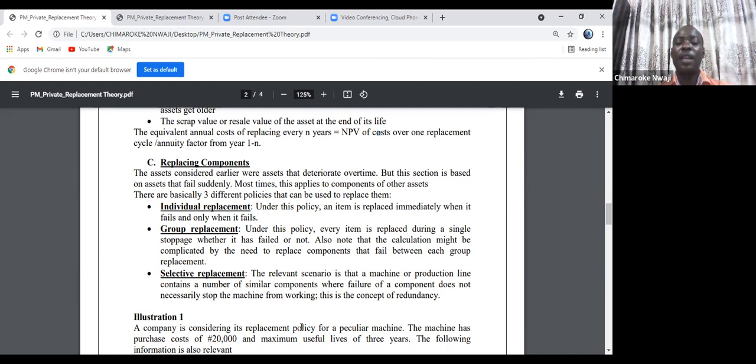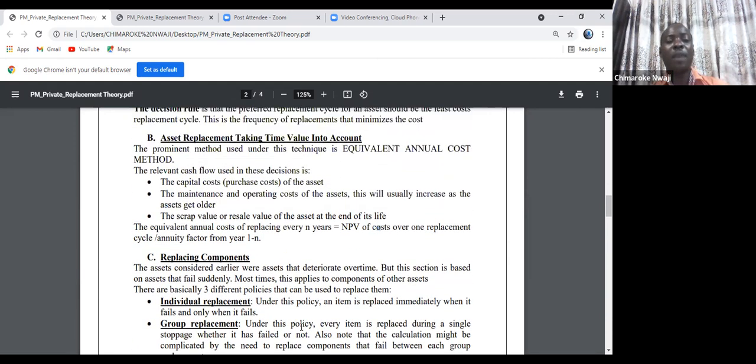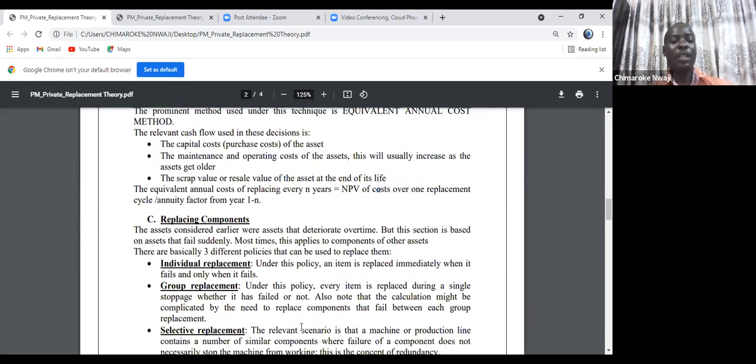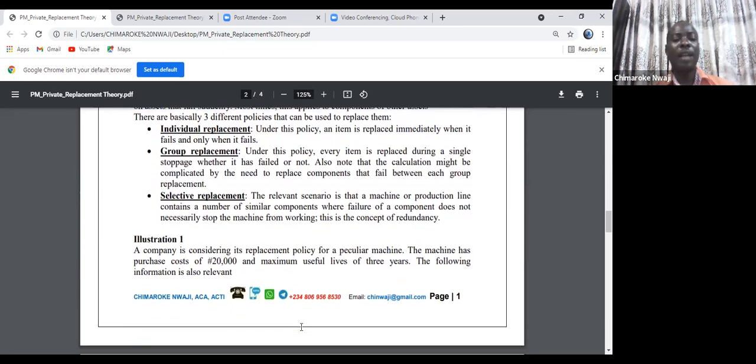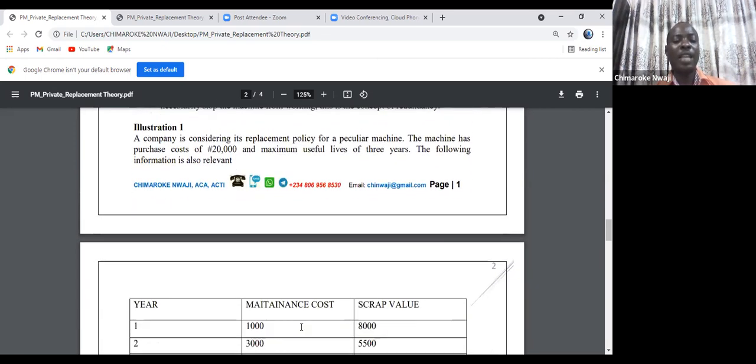Now, like I said, we are going to be concentrating today's class on the first part, replacement of an asset that deteriorates over time. Now let's look at illustration 1 to see what we can gain from illustration 1.